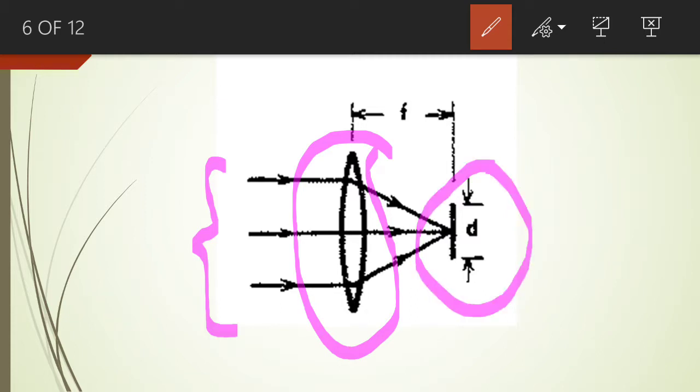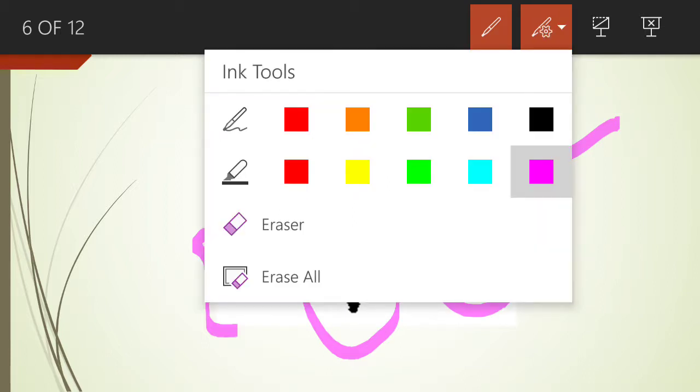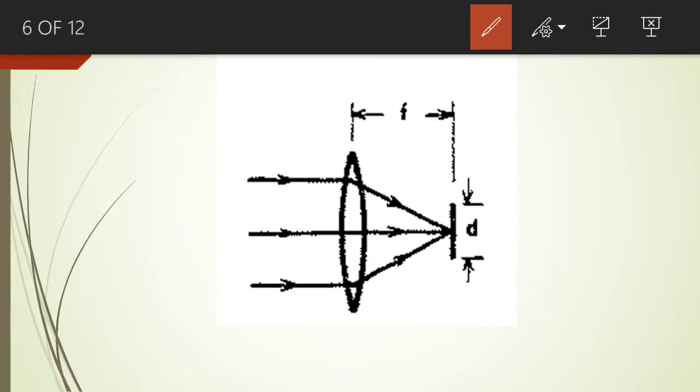This photo detector is in the form of a circle, and you see the diameter of the circle is represented by d. The focal length of the spherical lens is represented by f, and this photo detector is located at the focal length of the spherical lens. So the spherical lens focuses this collimated beam of light to the focal point.